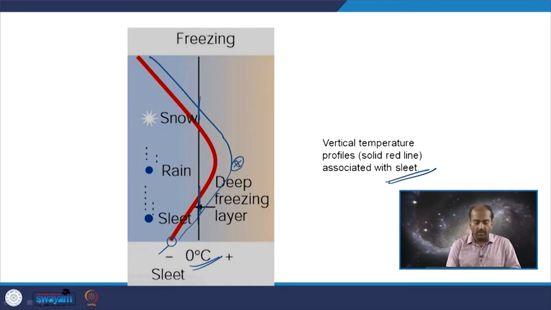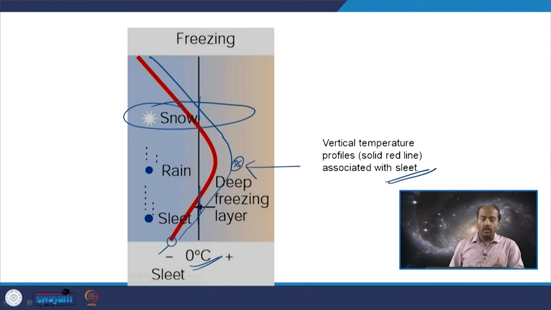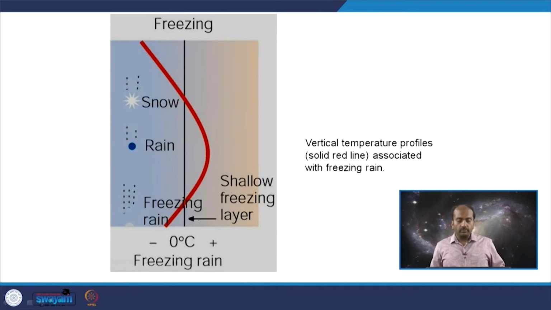Now, if you imagine the cloud bottoms to be at these heights, and snow develops to a sufficiently large mass and starts traveling towards the ground, at this point it encounters a region where the temperature will melt the snow, right. Then the snow will cross that point again and start freezing again. So partially frozen water will eventually make it to the surface, and you can call it sleet, right.